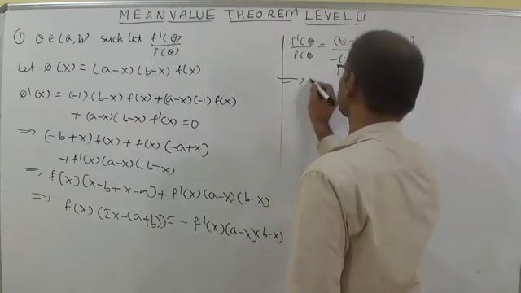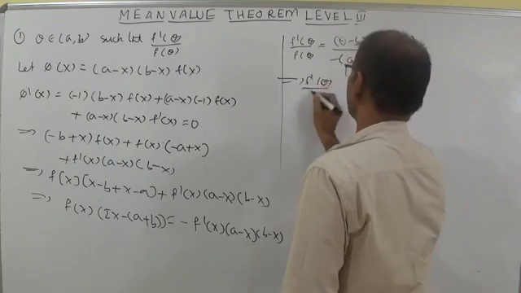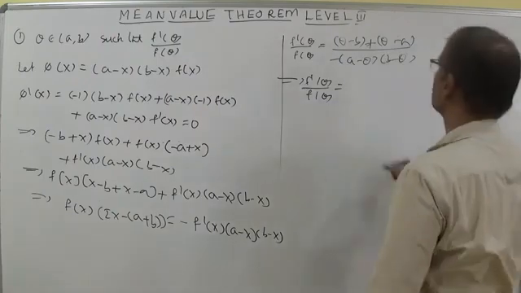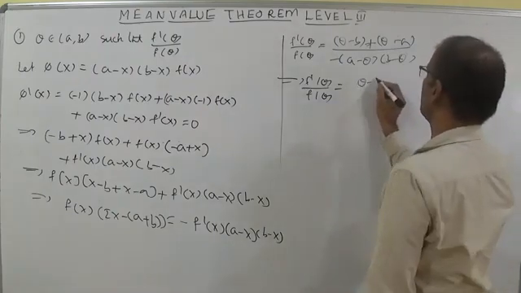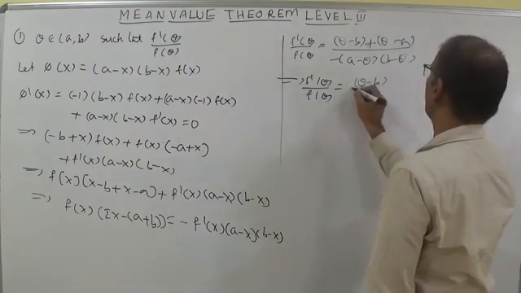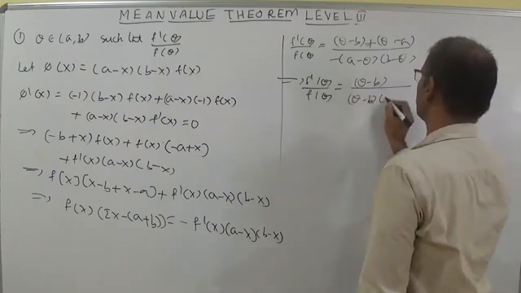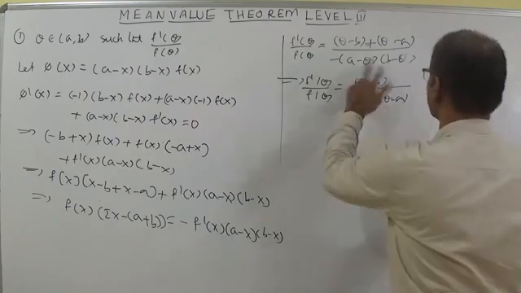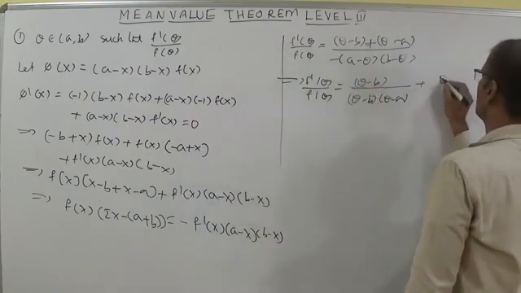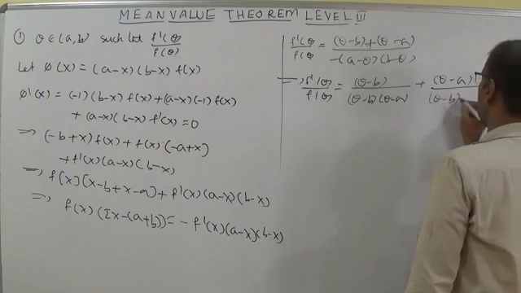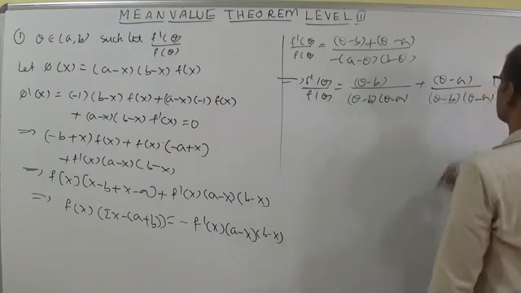That implies we can write here f dash theta by f of theta is equal to theta minus b whole by, we can write denominator theta minus b into theta minus a, taken minus common, plus theta minus a by theta minus b into theta minus a.